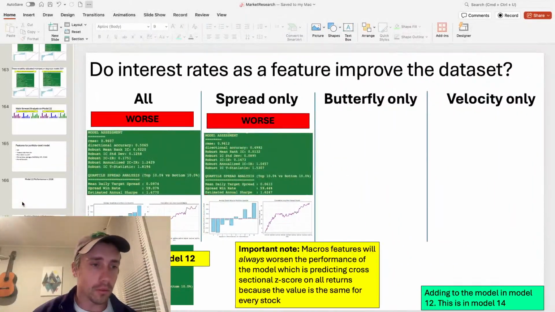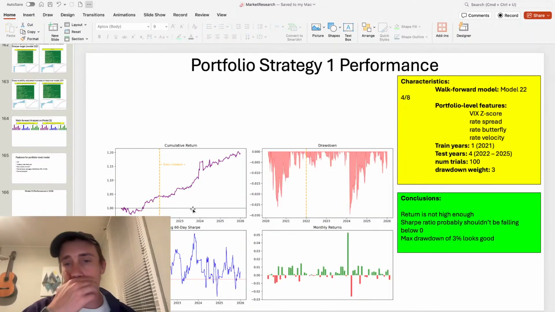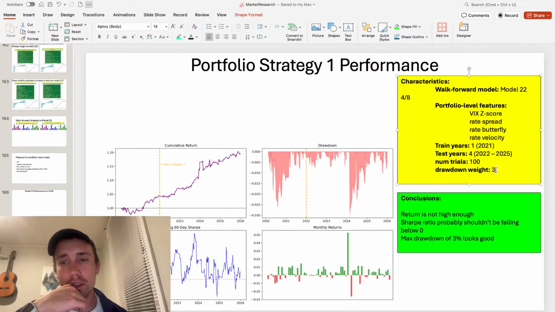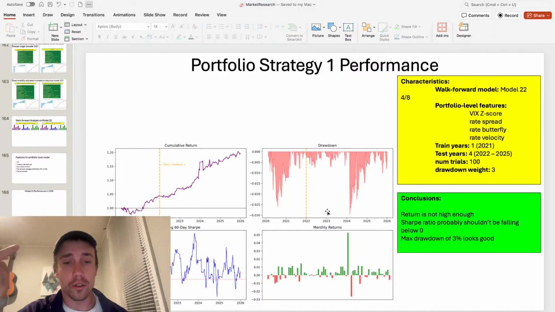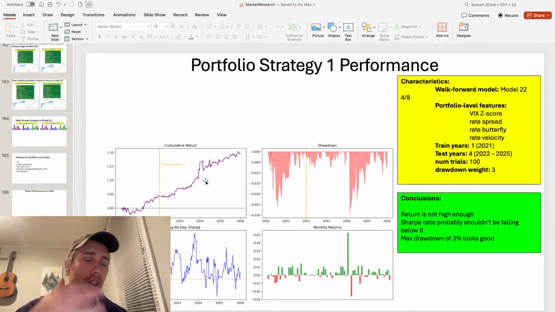I really should have documented this better, but the reason the returns weren't very good here is because I was heavily punishing drawdown, with drawdown weight 3. The good thing is the worst drawdown was 3%. But the bad thing is, that really punished my returns.